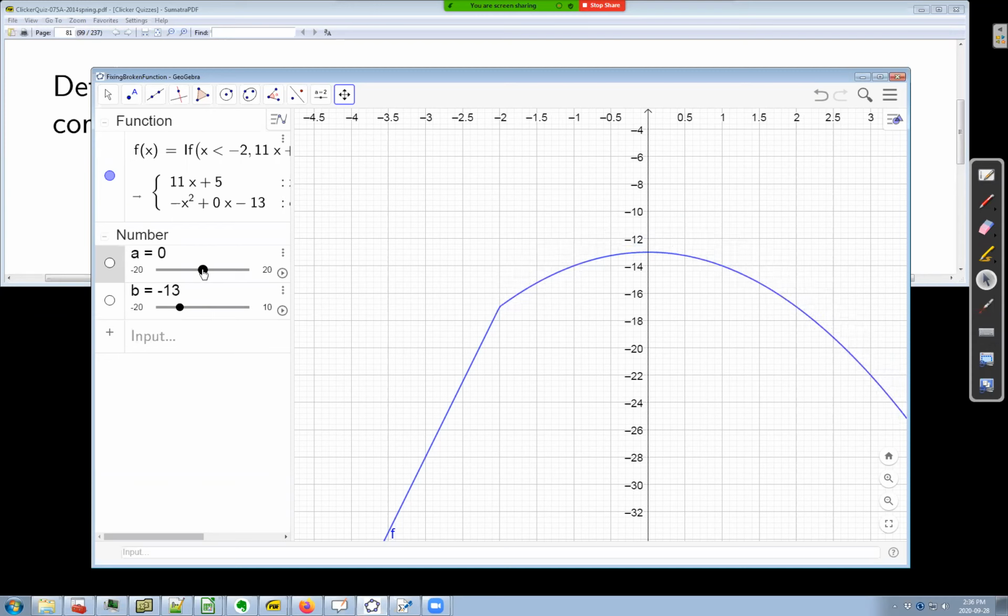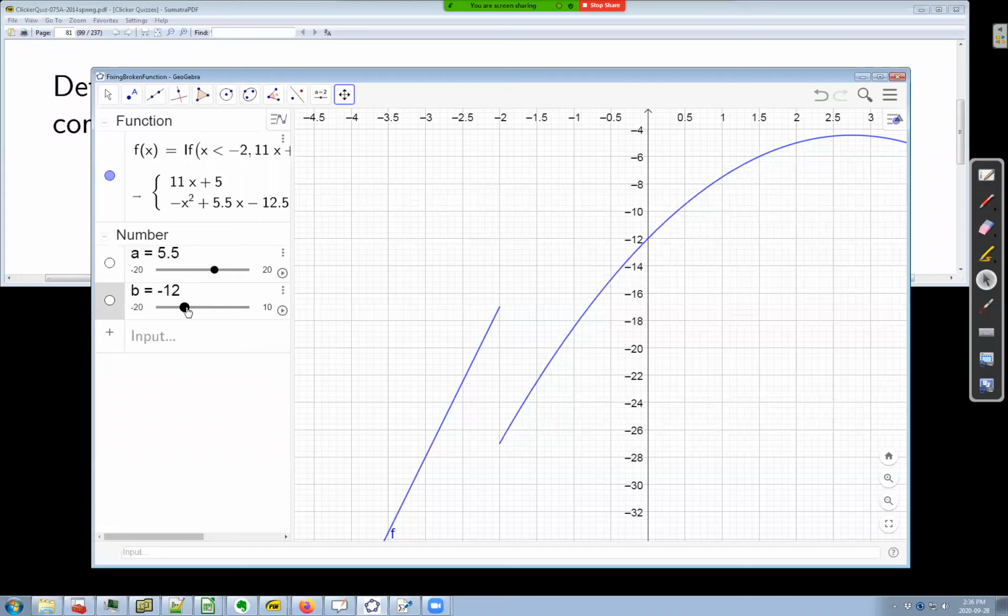I can change a. As I change a, that's going to change the shape of the right side. Maybe if I change a to -5.5, well, now it's not continuous. Oh, but wait a minute, I can still change b. So I'll change b and maybe make b -2.